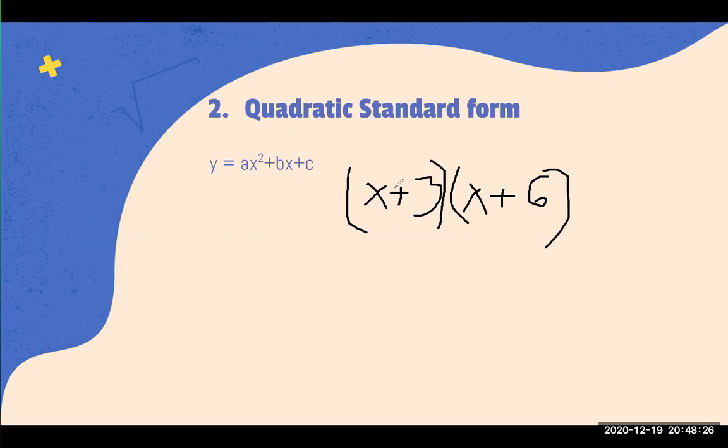So we can multiply this back together using something called FOIL. So that's F, O, I, L. Okay, so FOIL is an acronym for first, outer, inner, and last.